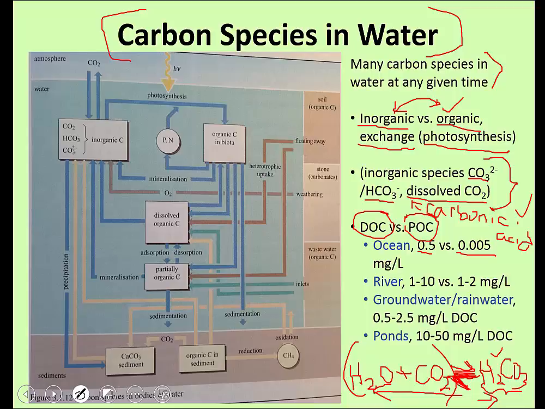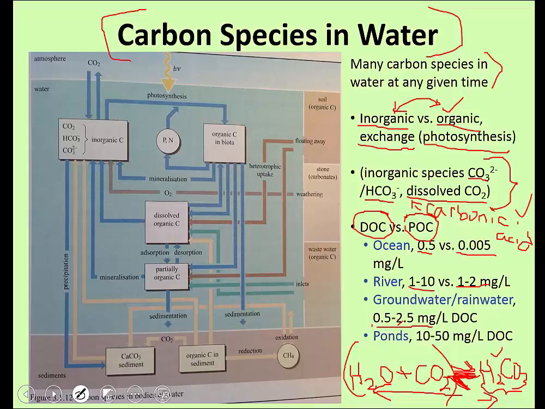When you look in a river, you'll get anywhere between 1 to 10 milligrams per liter of dissolved organic carbon, versus only 1 to 2 milligrams per liter of the particulate organic carbon. Rivers are fast flowing, so that tends to keep it dissolved a little bit more. Okay, groundwater and rainwater, we're not going to look at the particulates there, but the dissolved organic carbon drops pretty significantly from the river system.